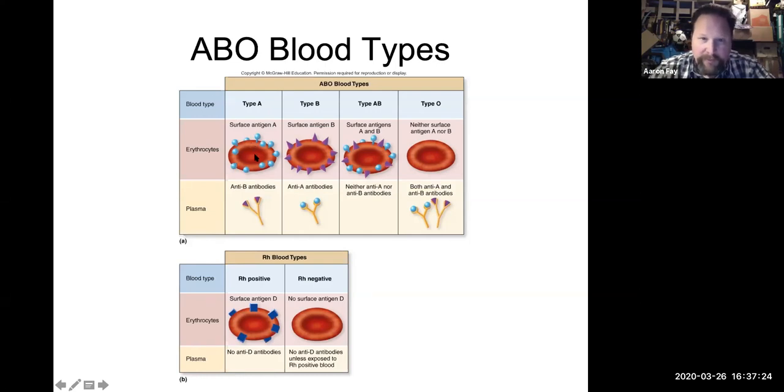Now, those people are alive, which means their blood has not turned to oatmeal, which means they do not have the anti-A antibody. Because if these guys had the anti-A antibody, it would attack their red blood cells and their blood would turn to oatmeal and they would die. That doesn't happen. So if you're blood type A, you don't have the anti-A antibody, but you do have the anti-B antibody.